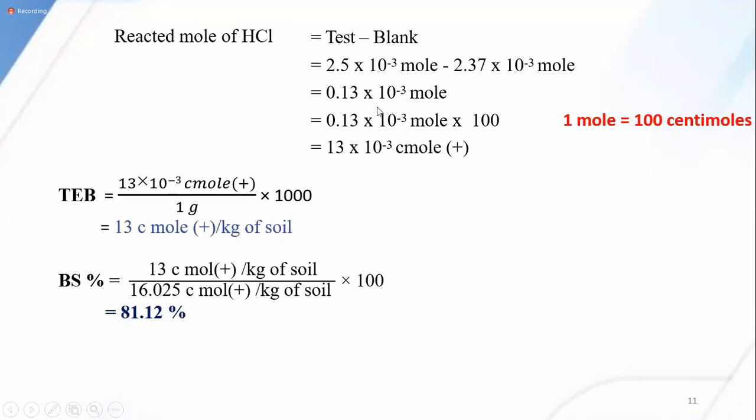You all know the unit for the cation exchange capacity, right? So what is the unit? Centimole.